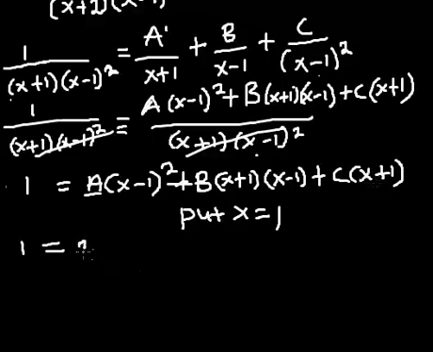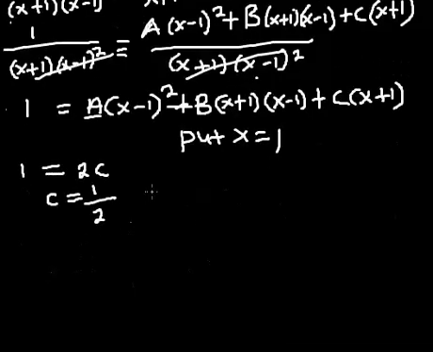That's going to be 2c, right? So that makes my c to be 1 all over 2. All right, so let's see if I can eliminate by putting x to be minus 1. If I should put x to be minus 1, I will eliminate c quite well. I will also eliminate b, then I will have a.